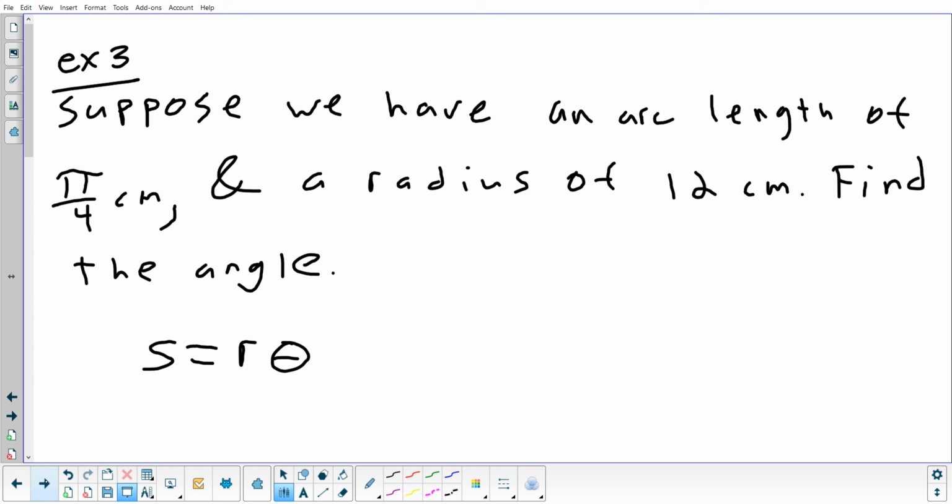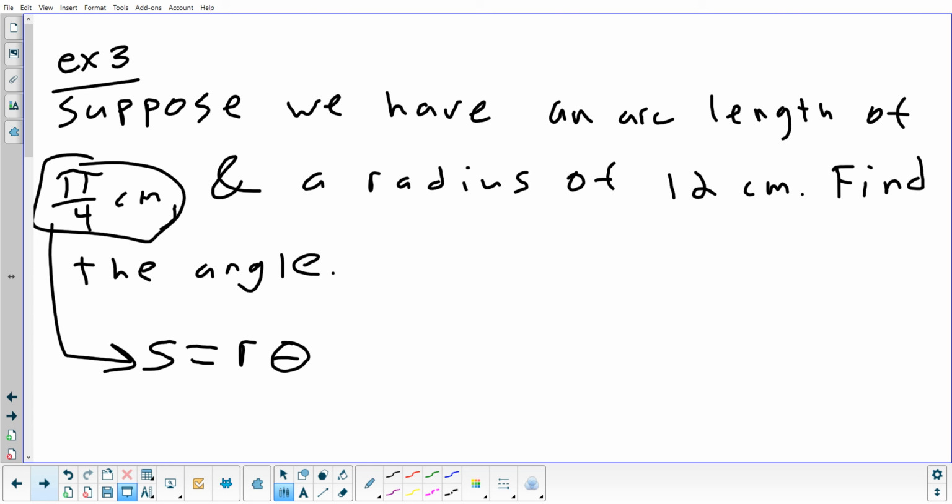Ariana, when we look at the pi over 4 centimeters, what letter does that get plugged in for? S. Yeah, it says you have an arc length of, and then they tell you a number. This is arc length. So there's my S. And John, how about the 12 centimeters?